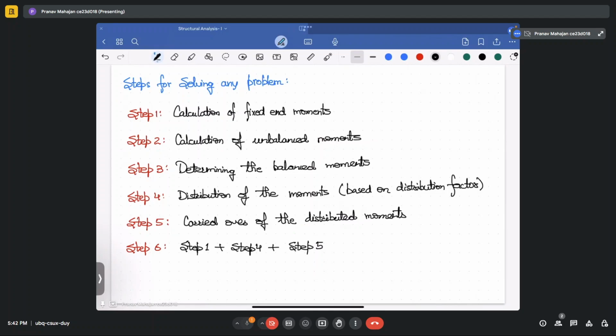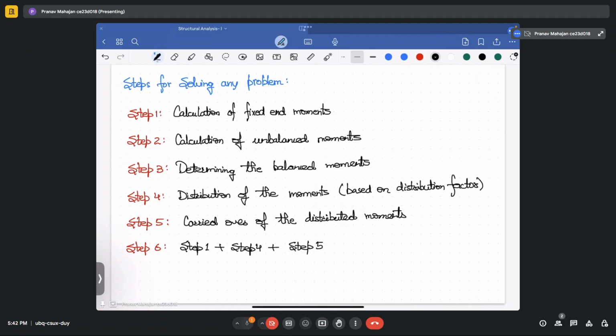So first you will calculate the fixed end moments. Then after calculating the fixed end moments, you also write the distribution factors for both the spans at a particular joint. Then you will write the unbalanced moment at the particular joint, which is the difference between the values that are available with you.